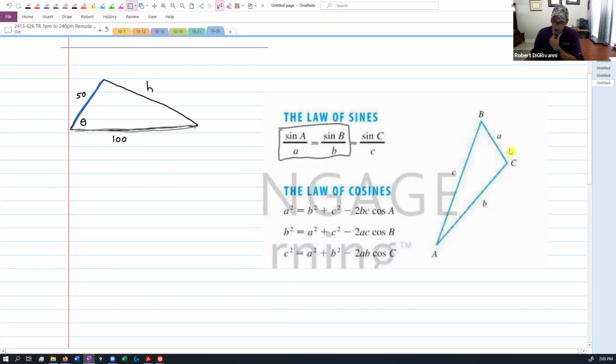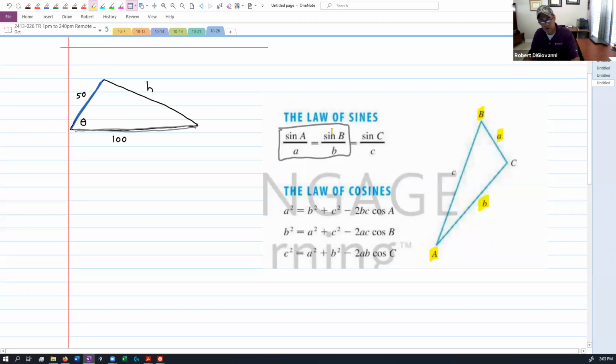If we have an arbitrary triangle, let's see what law of sines would relate together. You'd have to be looking at an angle and its opposite side and another angle and its opposite side. I have an angle and the opposite side, but I don't have another angle, do I? I only have one angle out of the three.